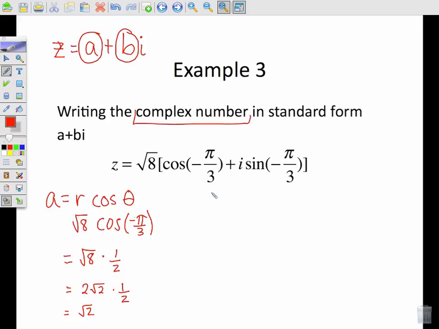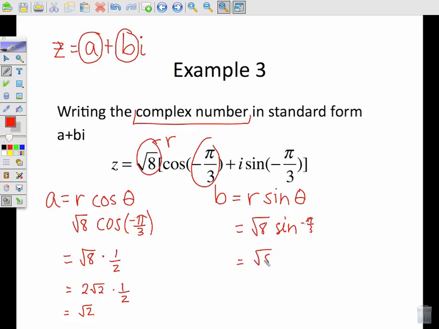Let's go ahead and find the b value. So I know the b value is equal to r sine theta. And my b is then equal to, you have this r, which is the square root of 8, and this is our theta, sine of negative pi over 3. This is equal to the root of 8 times, and the sine of negative pi over 3 is negative root 3 over 2.